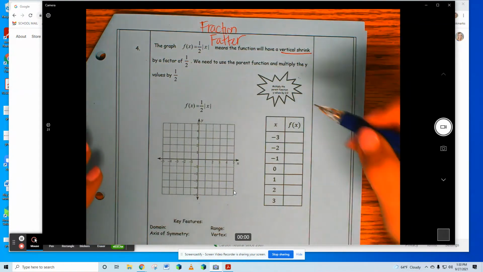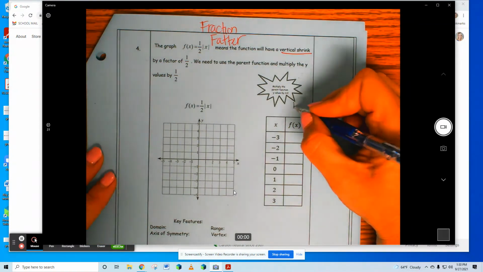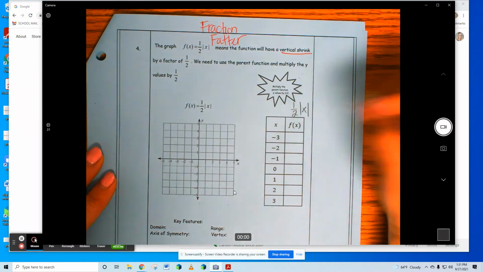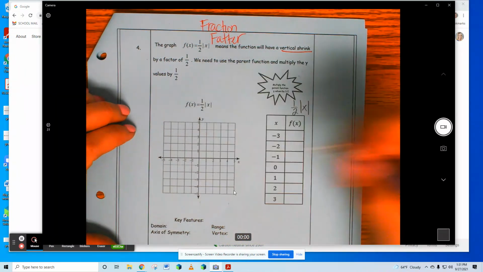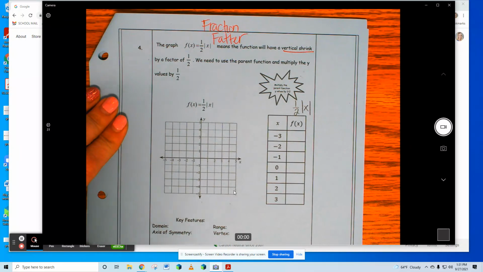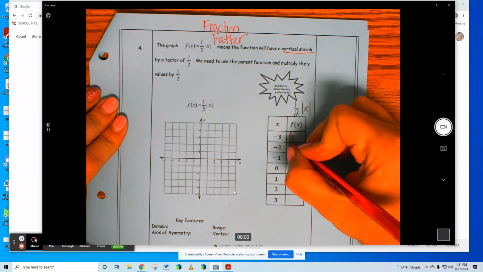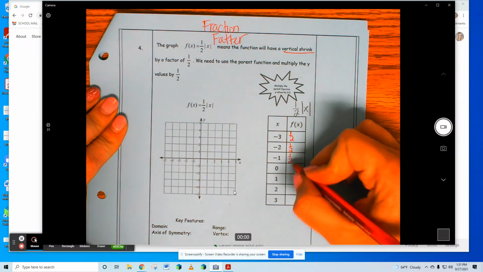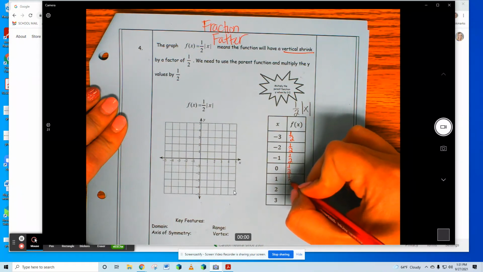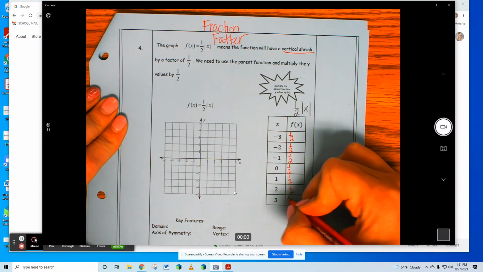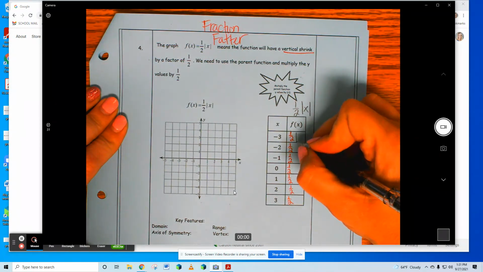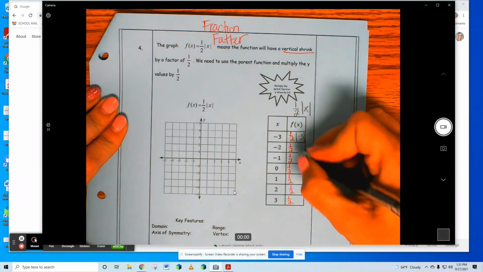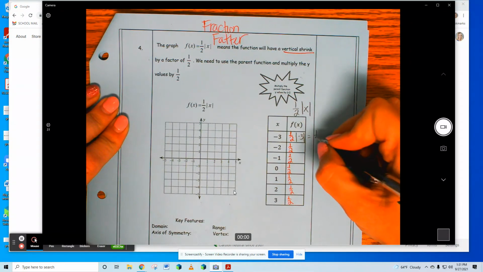I'm going to multiply all my y values by 1/2, cut them in half. So, 1/2 times the absolute value of -3 is 1/2 times 3.